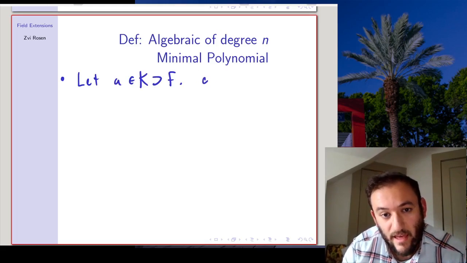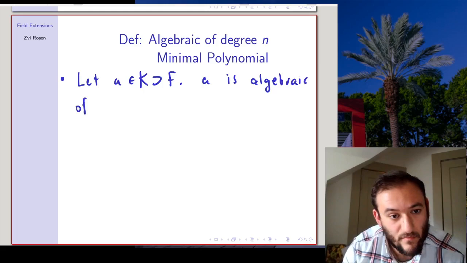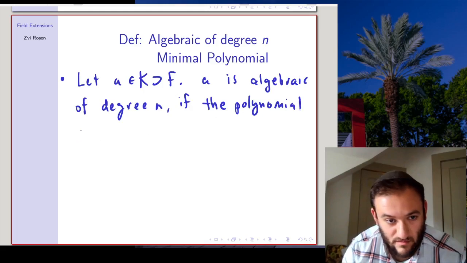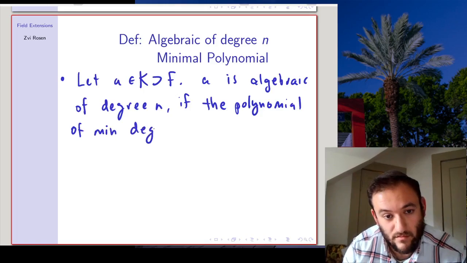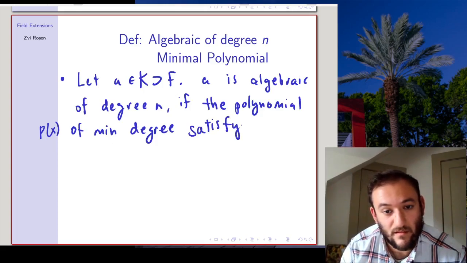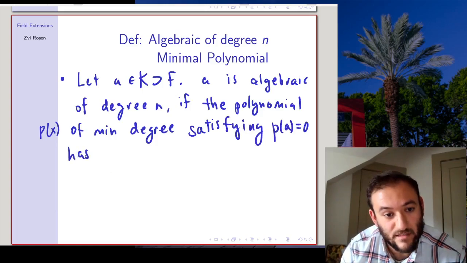We say a is algebraic of degree n if the polynomial of minimal degree, let's call that P of x, satisfying P of a equals 0 has degree n.